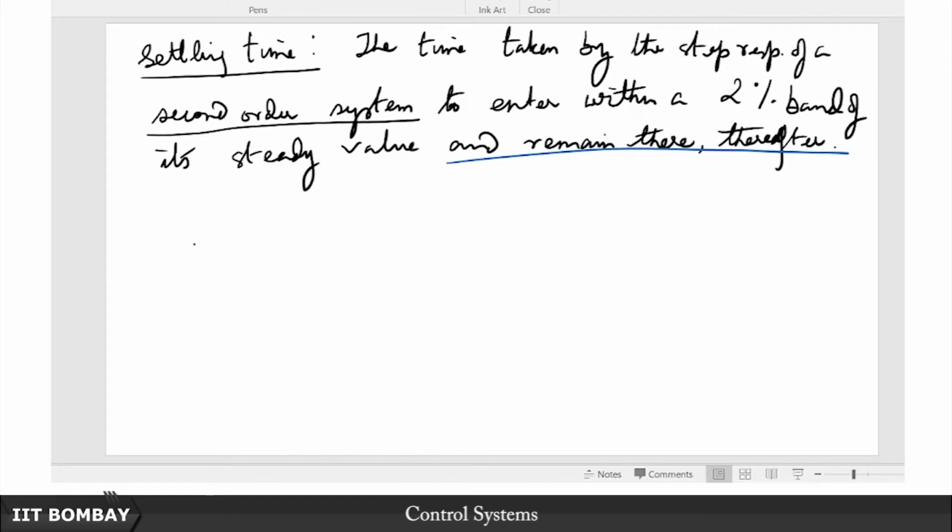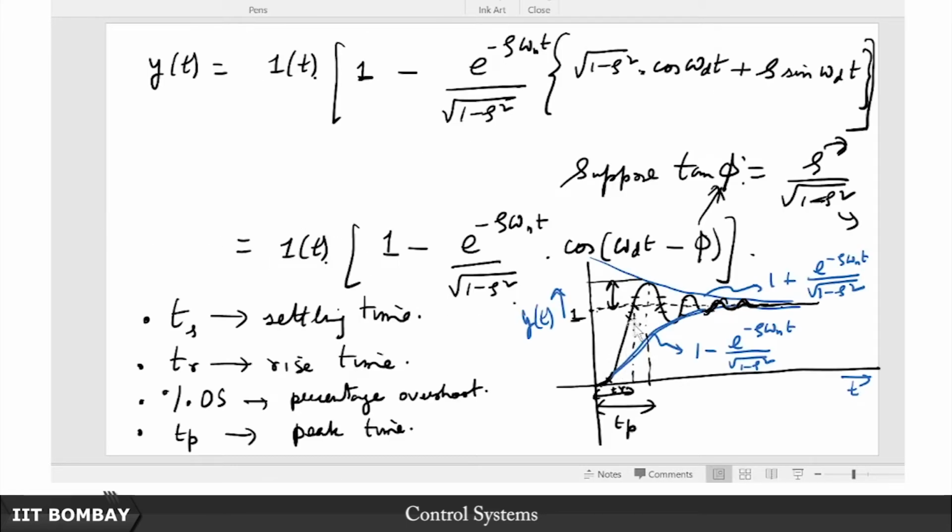So in order to do this, at the very first step we will make an approximation. What is that approximation? Instead of focusing on this actual plot which contains this cosinusoidal term, this exponential and everything, we are just going to focus on this envelope, which I had written in blue here and drawn also in blue here. So the first approximation is that this is an overestimate of the settling time.